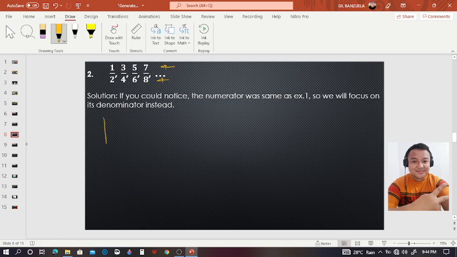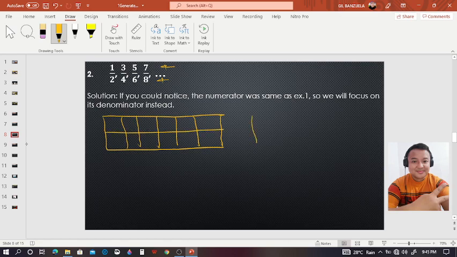So let's do that here. Alright, so let's divide this into 6. Let's do the same here for the denominator. Let's divide the rectangle into 2, then divide this into 3.